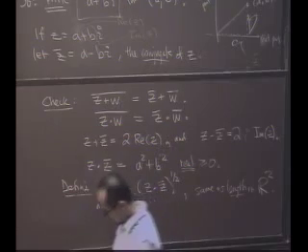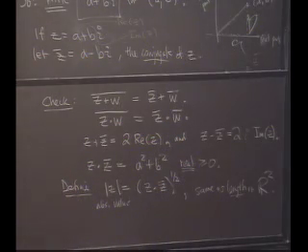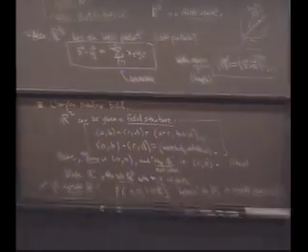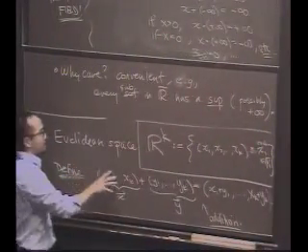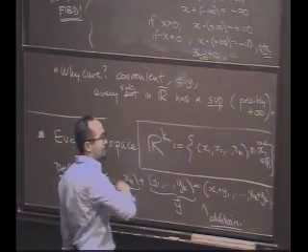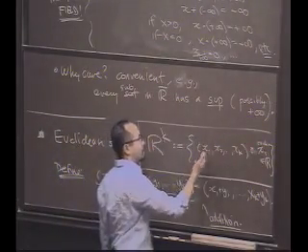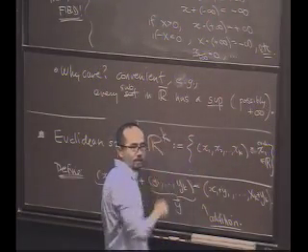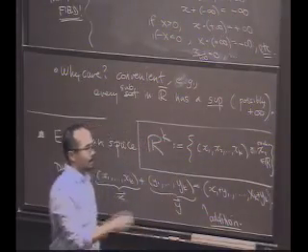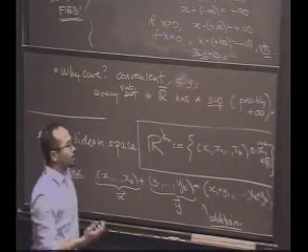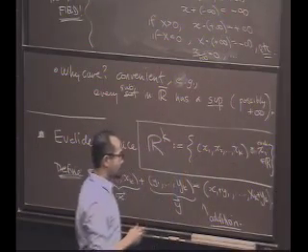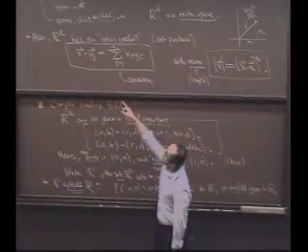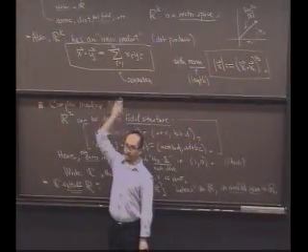This also suggests something. It suggests that I could define a complex space that is just like R^k, except I do C^k, a collection of complex numbers whose dimension is twice that of the real version, if I thought about this as a vector space over R. I could also define an inner product on C^k.